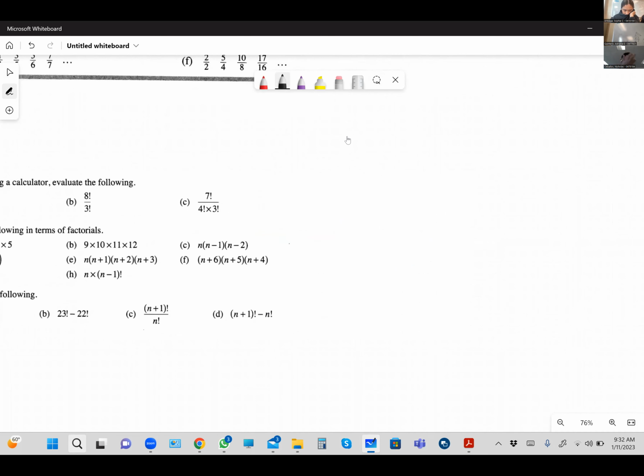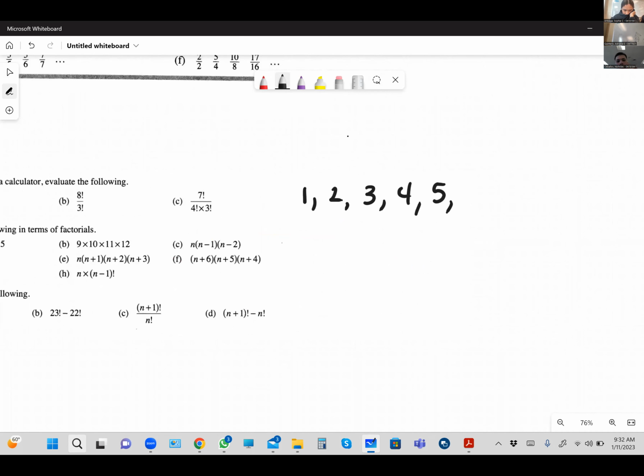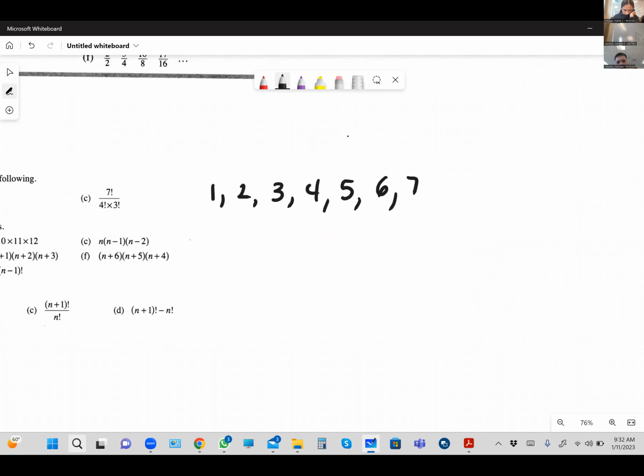That is that if we take 1, 2, 3, 4, 5, 6, 7 and we want to add those numbers up, we said that if this is n equals 7, we would just take 7 times 8 divided by 2, because the formula was n times n plus 1 divided by 2. Remember that we did it last class?